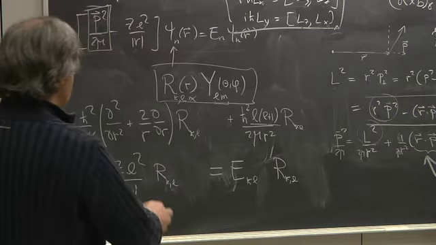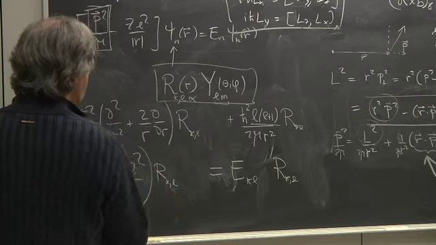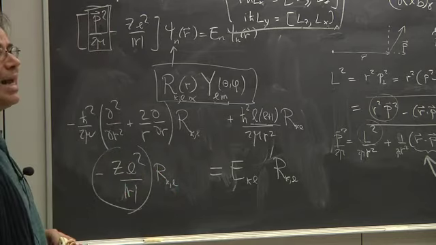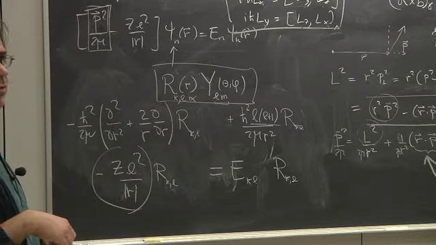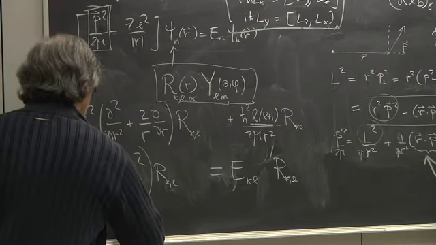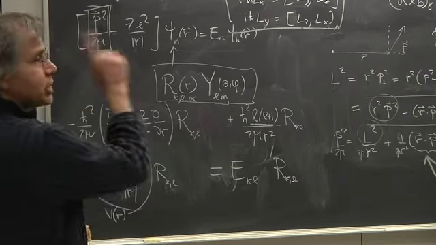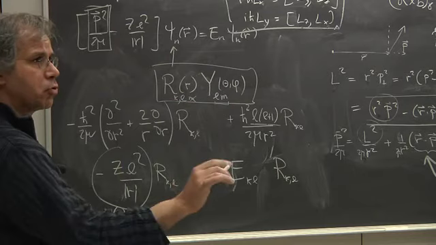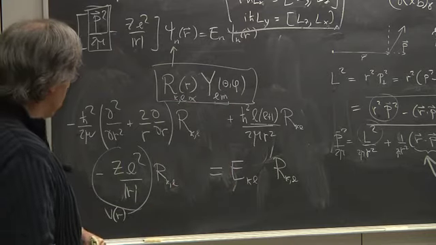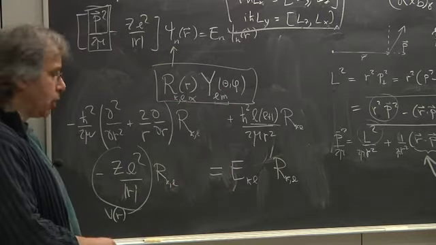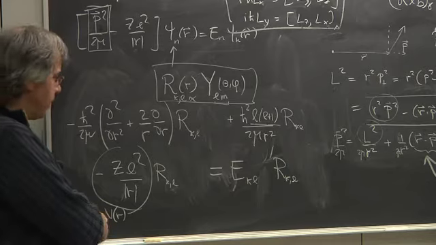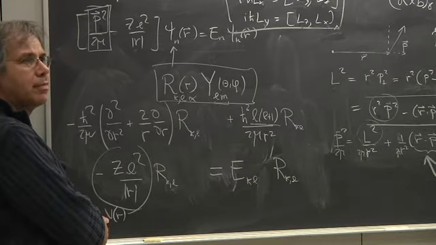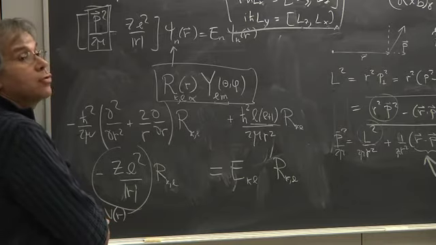By the way, if the potential was not exactly this, but was another central potential, V of r, then all the steps done until now would be identical. What is different is that I cannot solve in general a V of r of generic form analytically, and in general I have to resort to a computer.